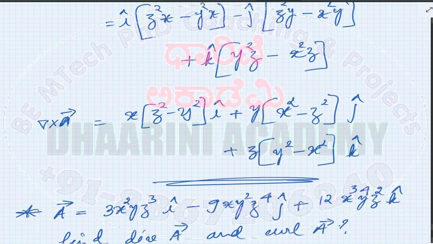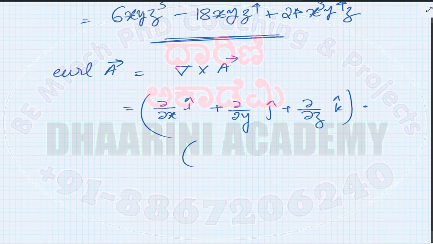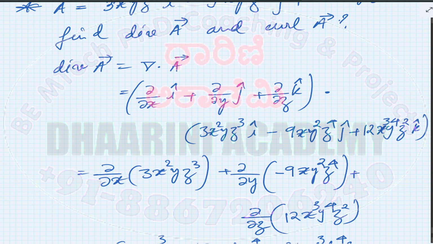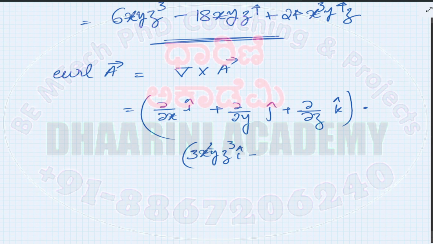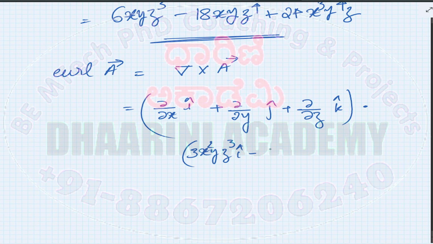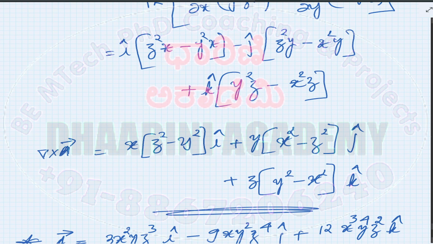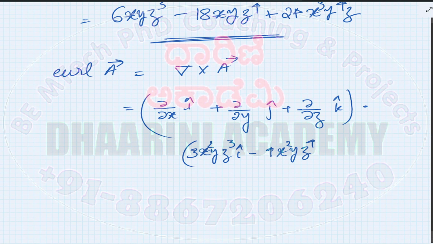This is 3x²yz³ i cap, and the next term is minus 9xy²z⁴ j cap.